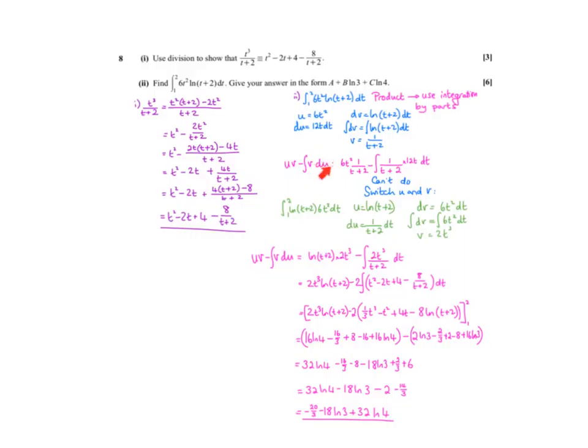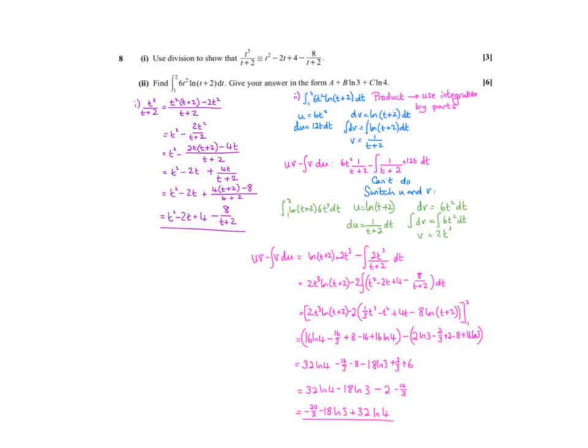Integration by parts is that. So uv, take away the integral of v du. I can't integrate 12t over t plus 2. I probably could using integration by parts, but let's see if there's an easier way. So this is what I'm trying to do, this integral.